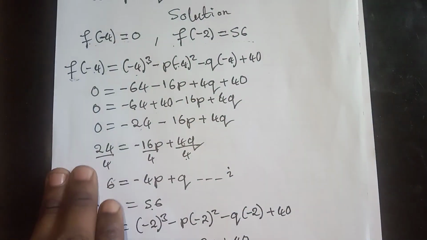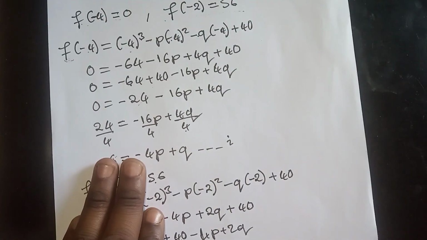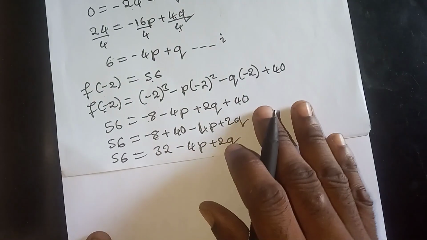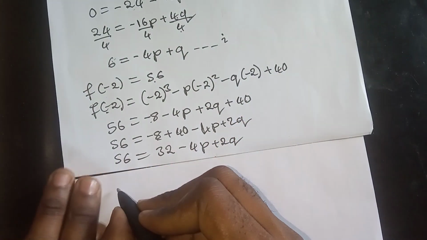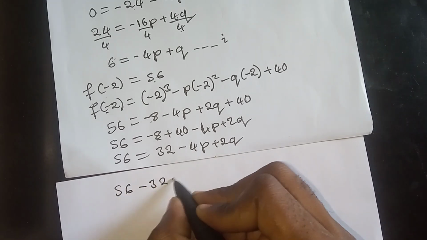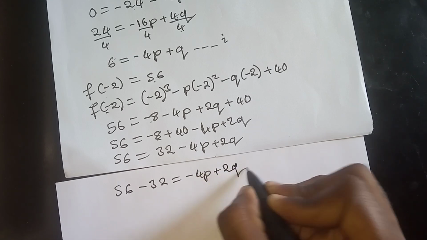And then if I take this on this side, we have 56 minus 32 is equal to negative 4p plus 2q.